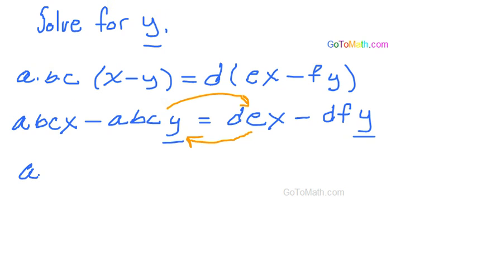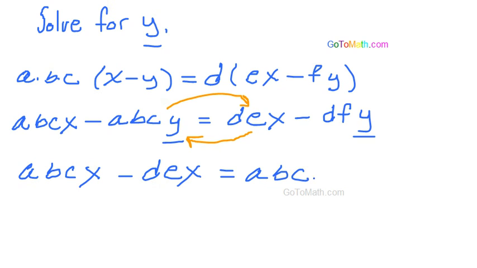So we have a times b times c times x, taking this over, since it's a positive coefficient, it becomes negative. D times e times x is equal to, and then bringing that over to the right, we have a times b times c y minus d times f times y.